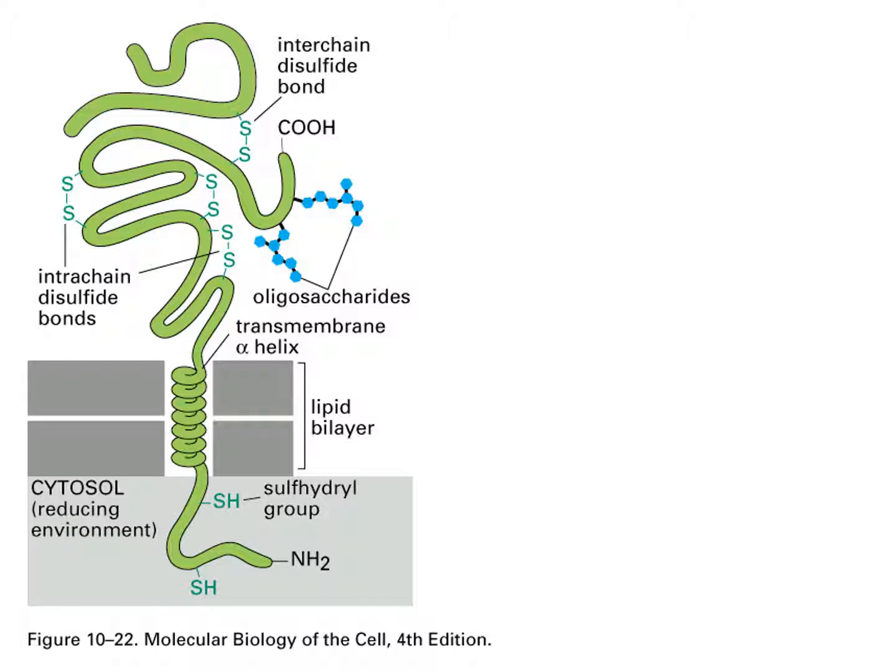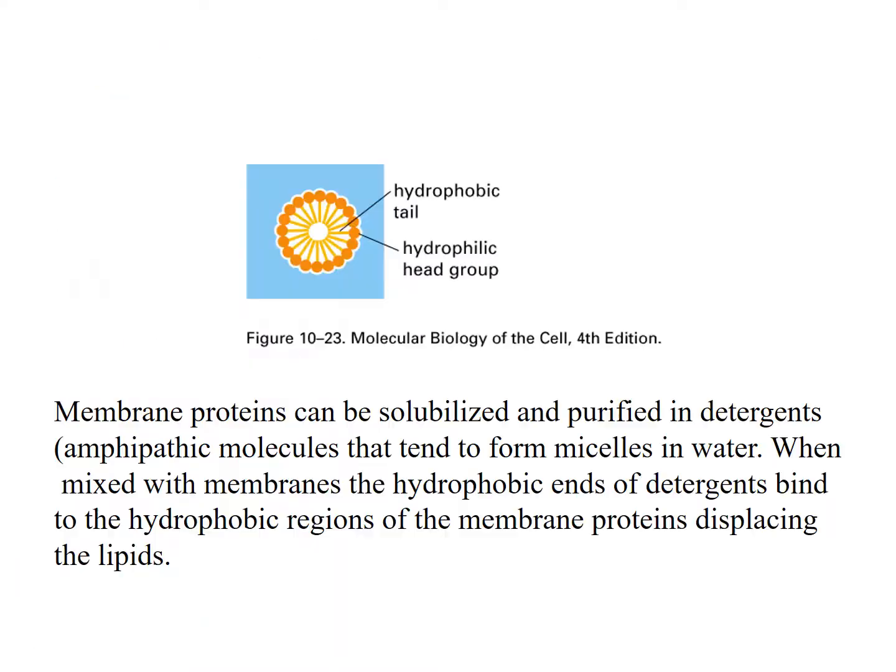This has cytosol, and notice the SH, the sulfurs are not linked, but outside the cell, it's an oxidizing environment, and you get then these disulfide bonds that cause this structure to be maintained. Here are the carbohydrates as well. So you can make predictions based on the nature of the protein and the environment as to what structure it will maintain.